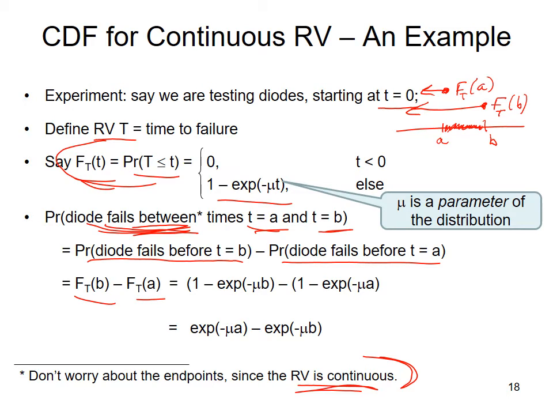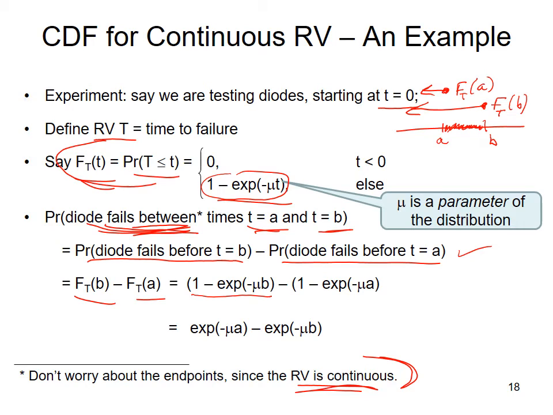Okay, so same old rule. And we have equations. Again, whoever is the quality control engineer for the company has an equation. He says, well, in general, it's going to be capital F evaluated at B. So I take this equation, that's 1 minus e to the minus mu b.